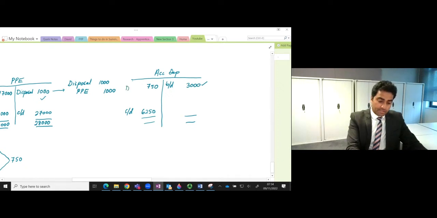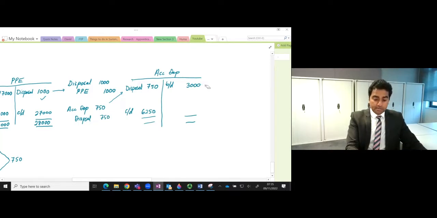And I'll record it as disposal. And if you want to know the double entry of this disposal, accumulated depreciation, then the double entry is accumulated depreciation account is debit by 750 and the disposal account is credit by 750.